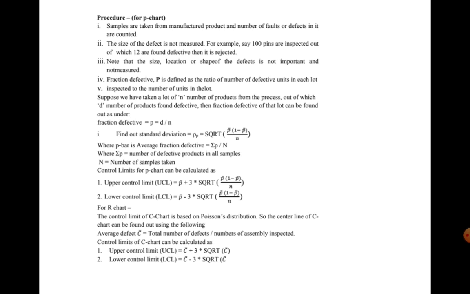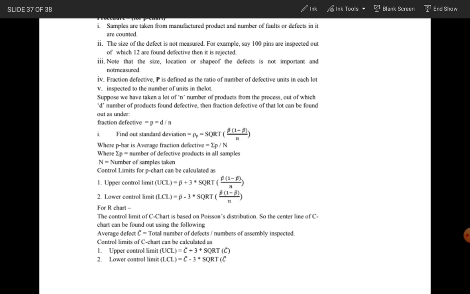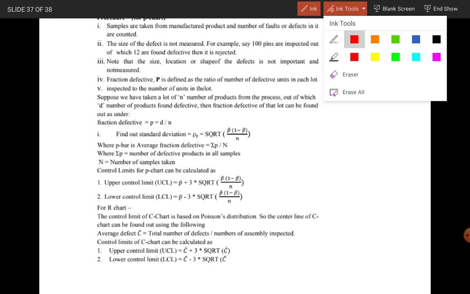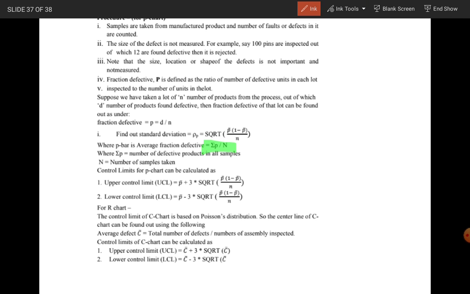We have to utilize some fraction defects, where the formula is d by n. For p bar we have to take the average, which is the sum, so I will indicate the sum part. Sum of p by n.